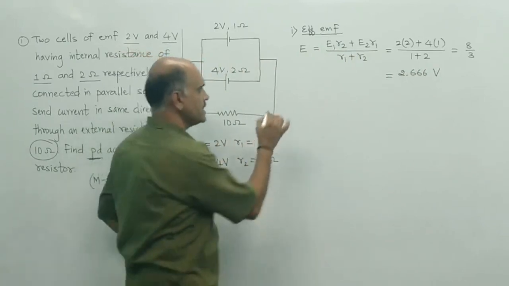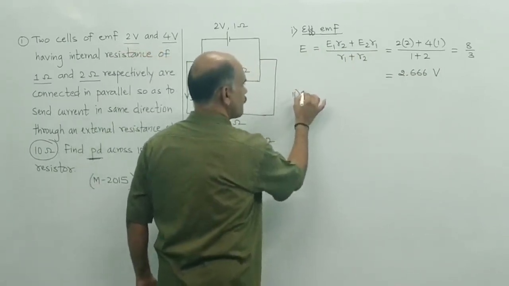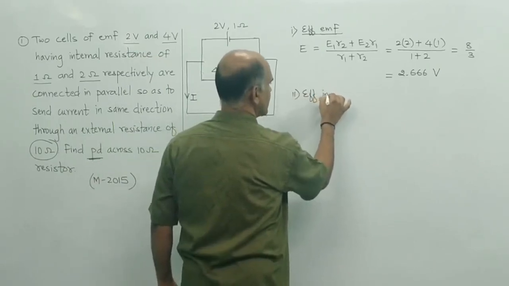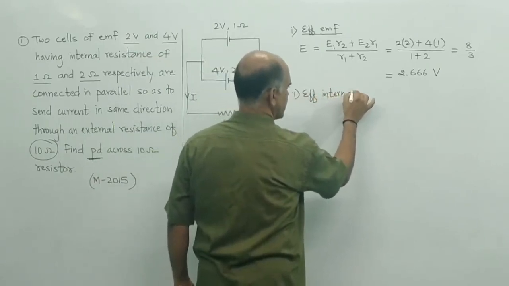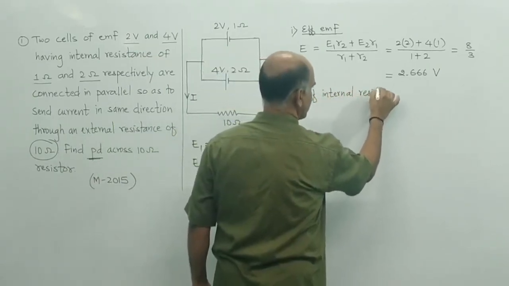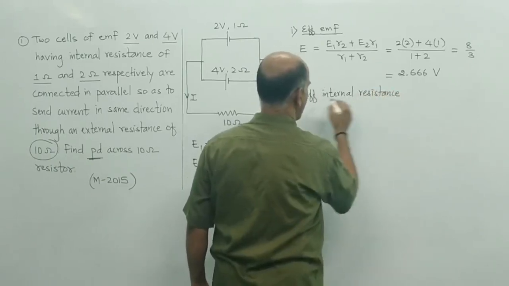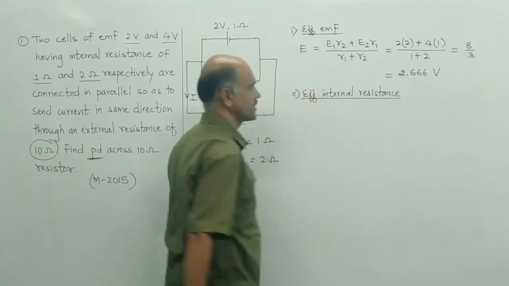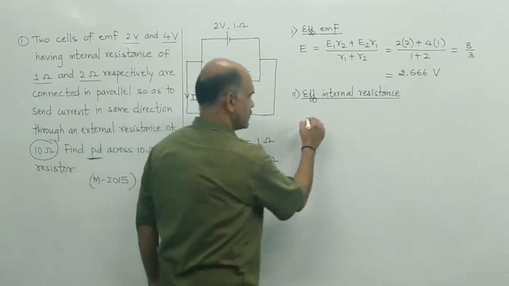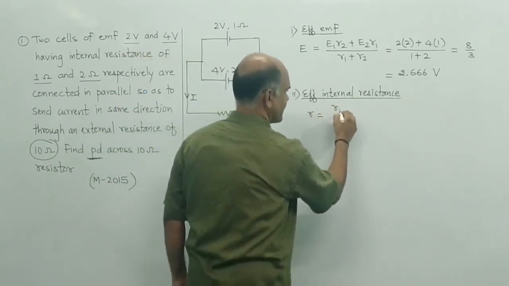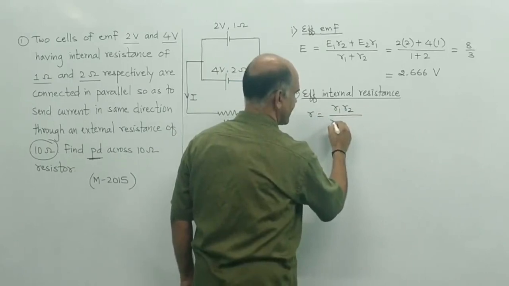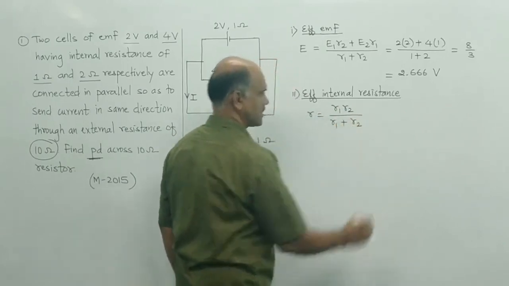Now in second step, find effective internal resistance, that is small r. Effective internal resistance is given by R1 R2 divided by R1 plus R2.